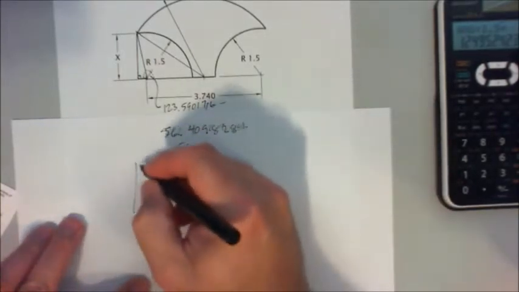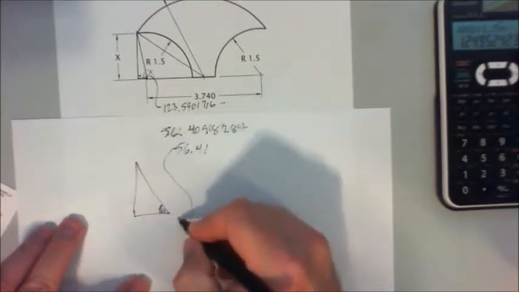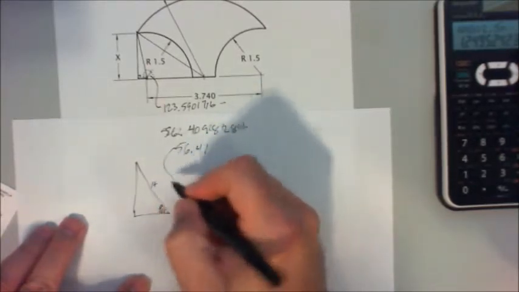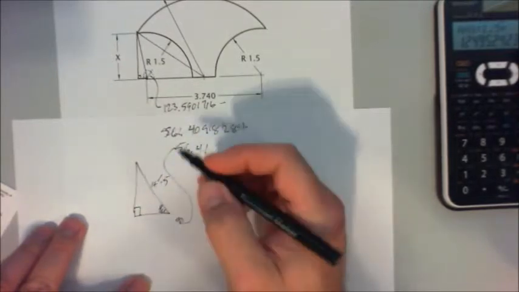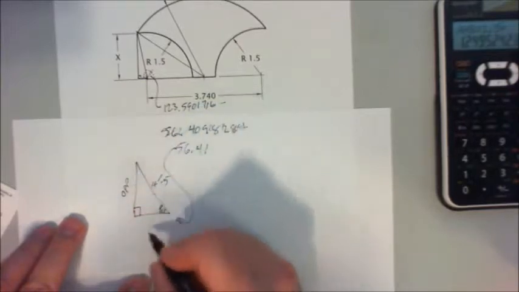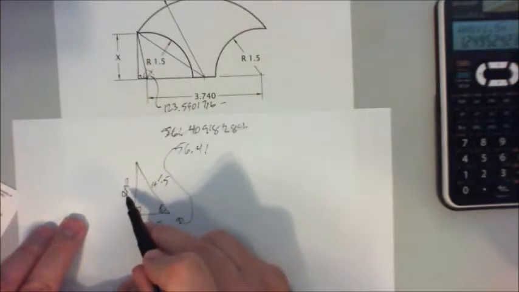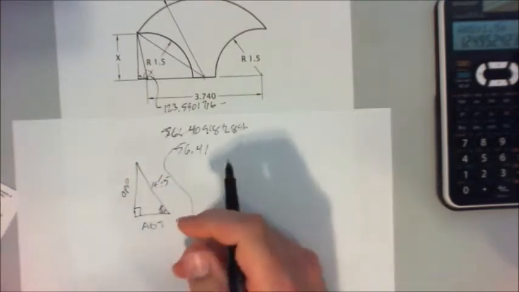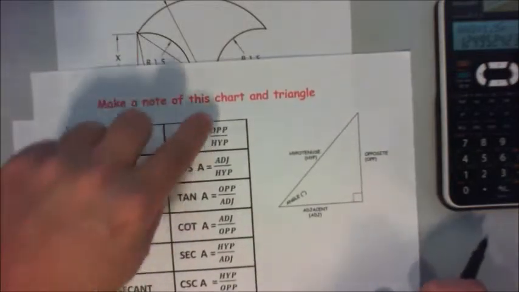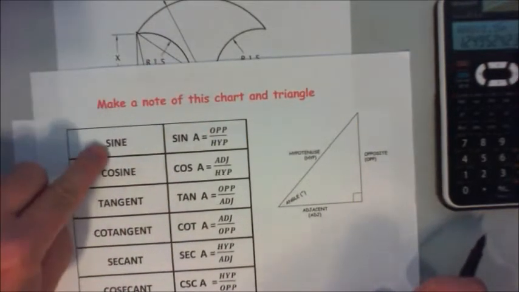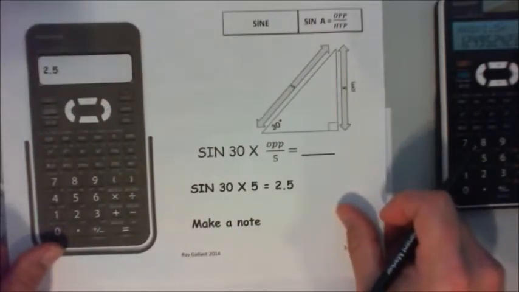Let's draw our triangle here. We have an angle here, which is that guy. We have a hypotenuse, which is 1.5. Right angle triangle, so we have our opposite, adjacent. So we're looking for opposite over hypotenuse. Opposite over hypotenuse is sine. Here's the formula that we're going to use.